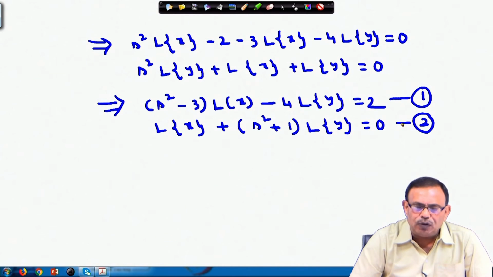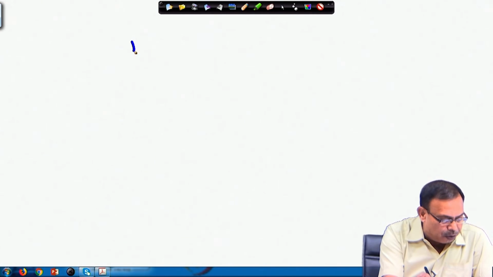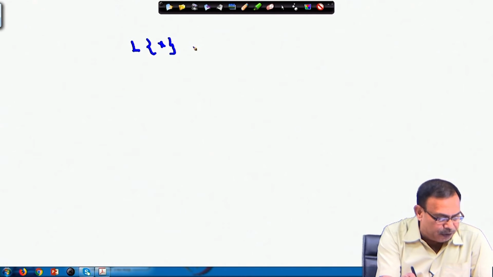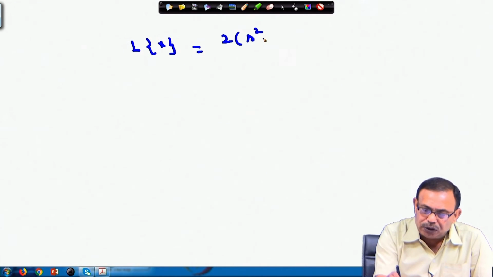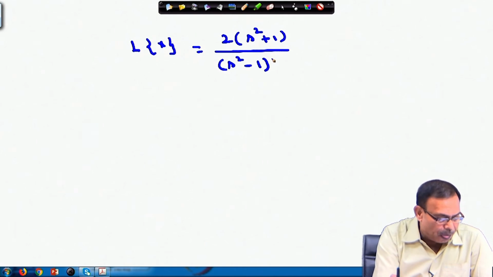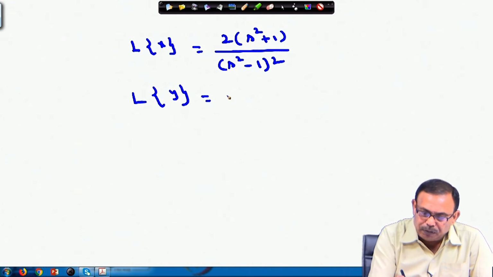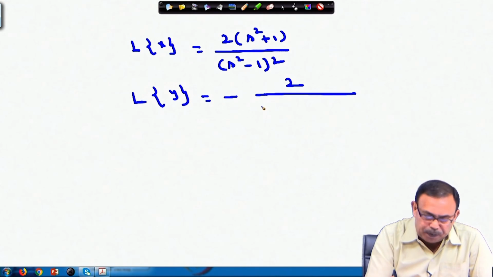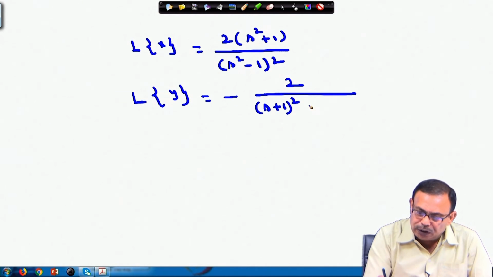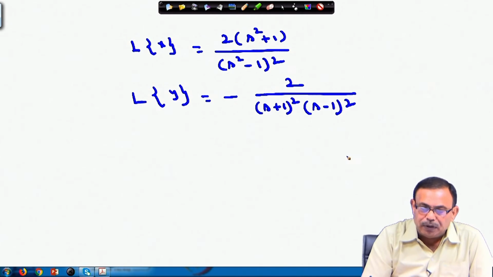So, by solving equations 1 and 2, you will obtain Laplace transform of x as 2 into s square plus 1 by s square minus 1 whole square, and Laplace transform of y, you will obtain as minus 2 by s plus 1 whole square into s minus 1 whole square. This I am not explaining because already we have done this thing.